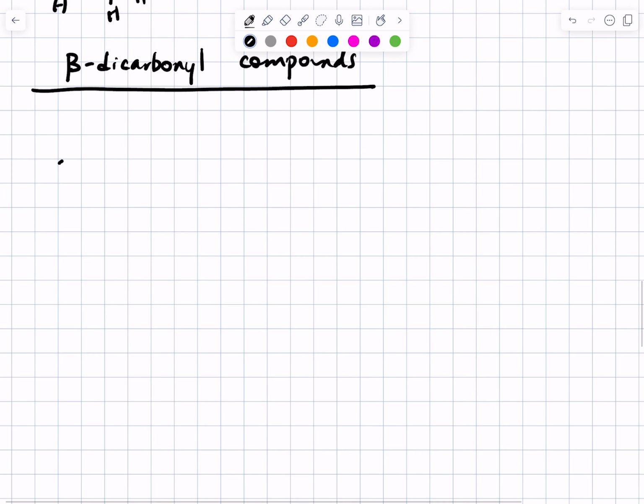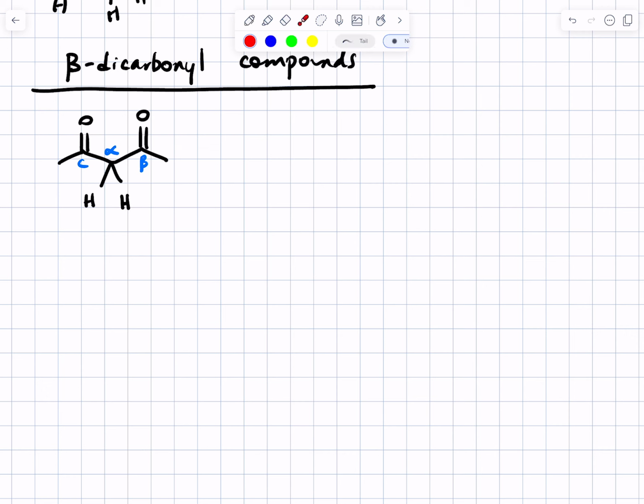Imagine you take the ketone, and here's the alpha carbon. But then on that alpha carbon, you stick another carbonyl. So here's a carbonyl carbon, here's the alpha carbon, and here's the beta carbon. That's why we call it a beta dicarbonyl compound, because you have two carbonyls and they're each beta to each other. It turns out the pKa for that proton in between the two ketones is 9.